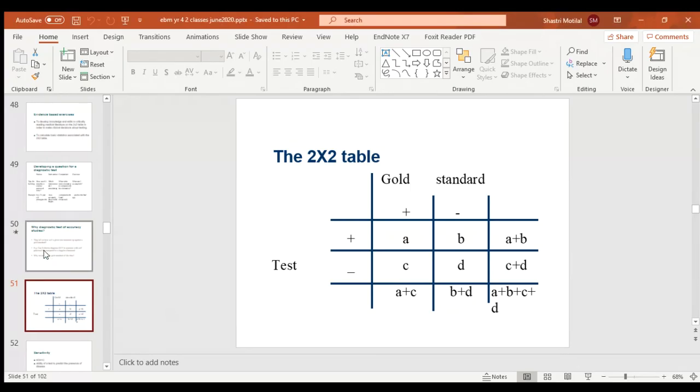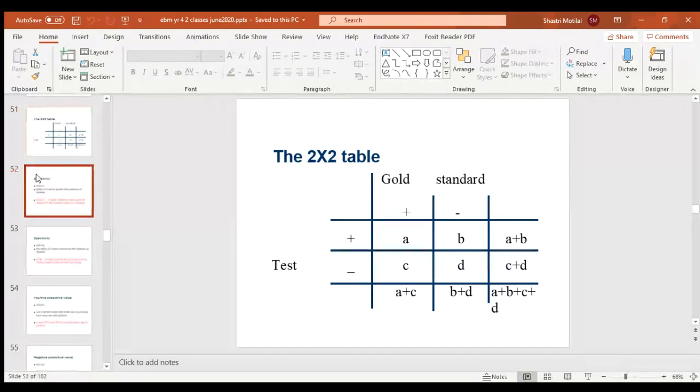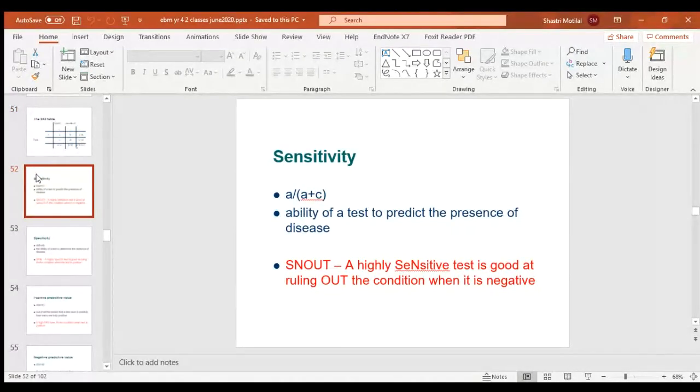With the measures that we calculate from this table, there are 6 things we can measure. You all have to be familiar with all of them, but I want you all to be able to calculate and interpret them. That's the most important thing I want you all to get. The first one is called sensitivity. Sensitivity is calculated as A over A plus C. If you take A and divide it by the total, A plus C, you get this value called sensitivity.